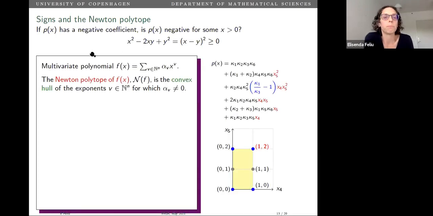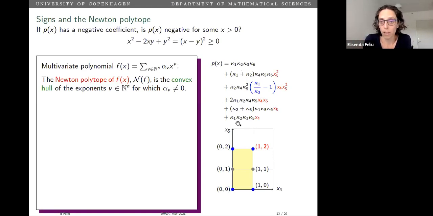But then there is a result that one can use that relies on the Newton polytope of my polynomial. If I have a polynomial, the Newton polytope is built by considering all the exponents and then taking the convex hull of the exponents.